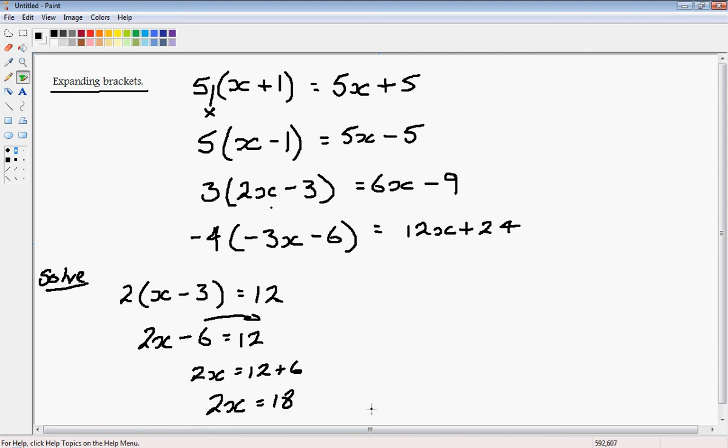So if 2 things cost £18, one thing, x, must equal 9. Okay, it's that easy. If you practice this here, then this becomes really simple. Okay, so that's expanding brackets.